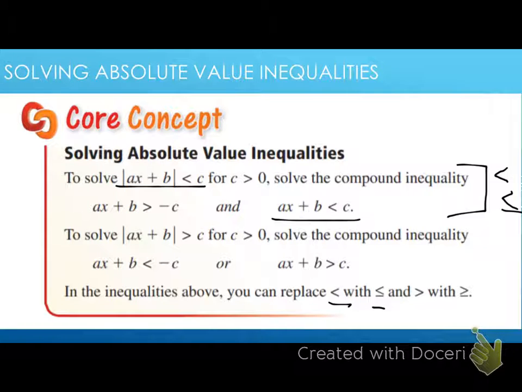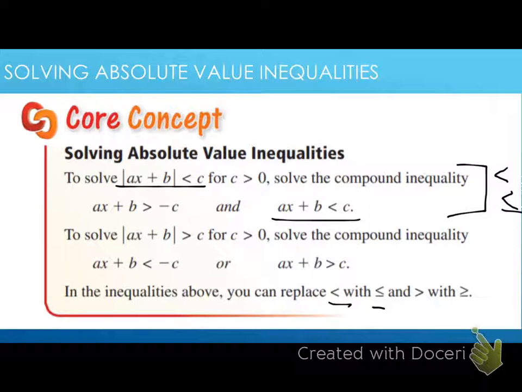Everyone good with that? So first one, exactly the same without the bars. Second one, make your c value negative, flip your inequality symbol. There's your two inequalities. Questions there? Anytime it starts off as less than or equal to, it's going to be an and compound inequality.